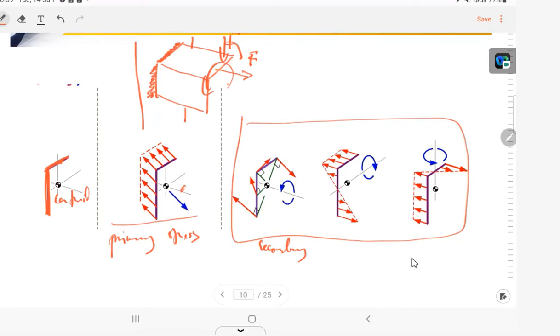If from here, we will have the shear stress, or if the force is here, we have axials, if the force is in this direction, we have shear force, shear stress.